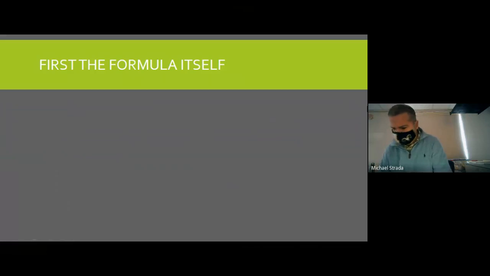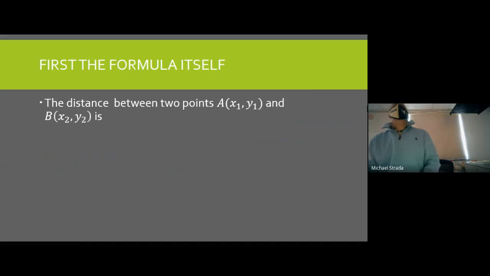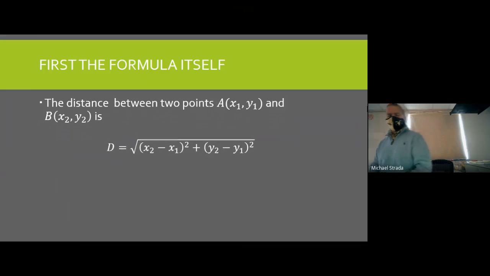The formula itself, the distance between 2 points A (x1, y1) and B (x2, y2) is capital D equals the square root of (x2 minus x1) squared plus (y2 minus y1) squared.